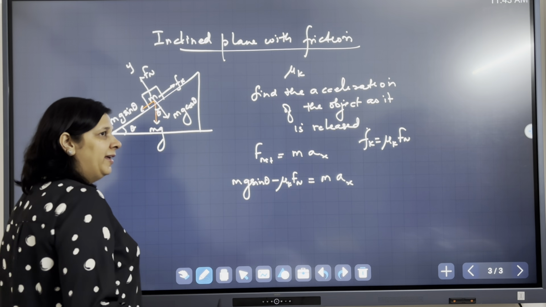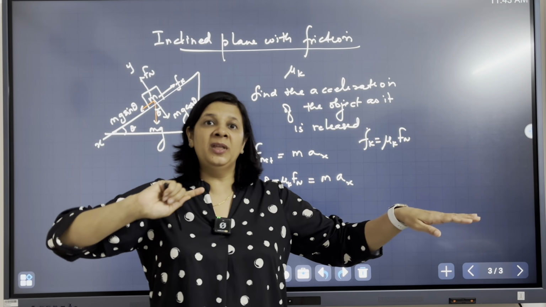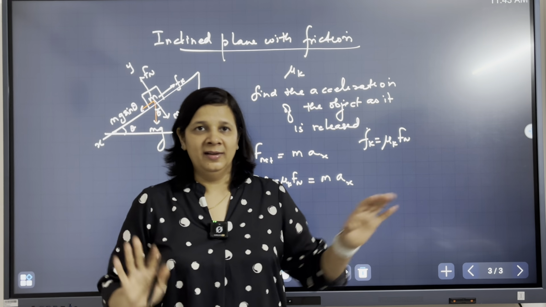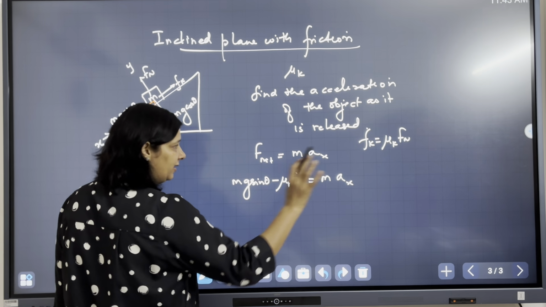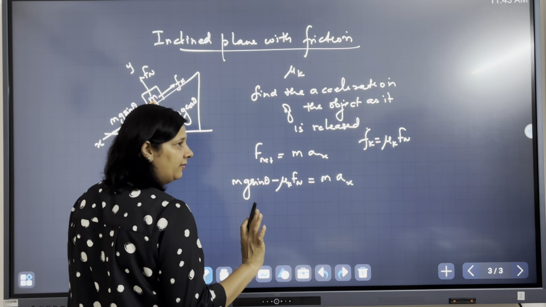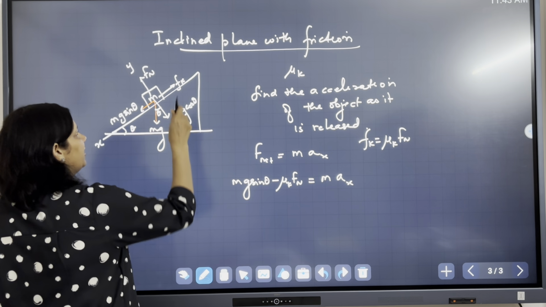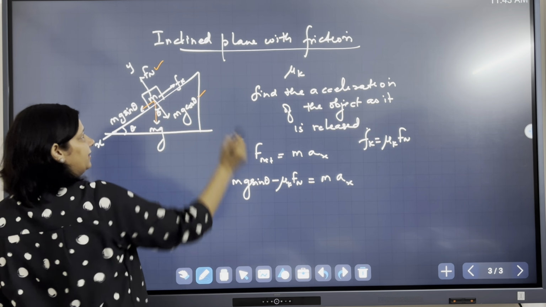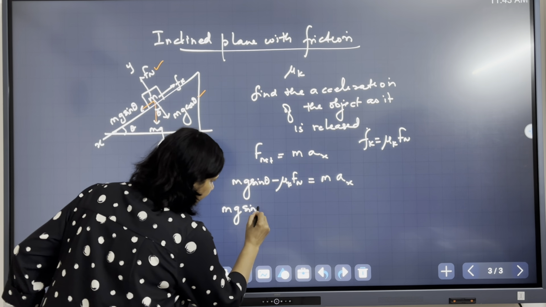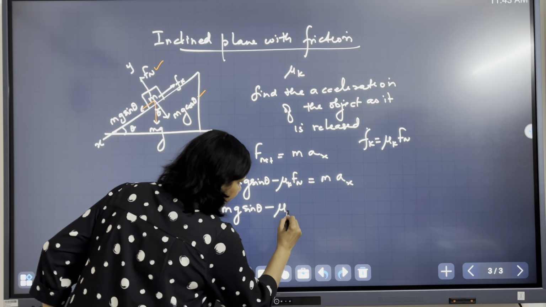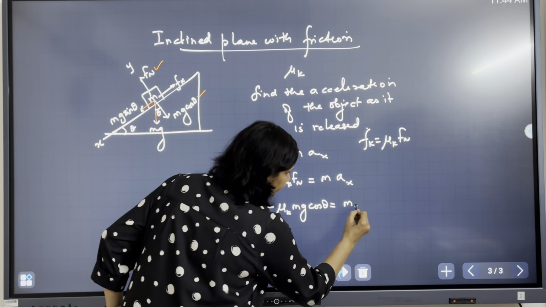If the object is moving in a horizontal plane, it is mg, if there is no other force in the vertical direction, that we have discussed in detail. But if it is on the incline and there is no other force in the vertical direction, then normal force Fn will be mg cos theta, because this will balance this, right? So it will be mg sin theta minus mu k mg cos theta.